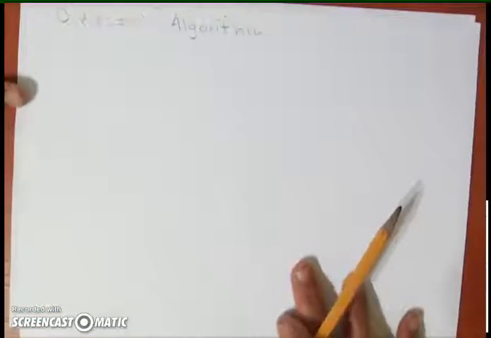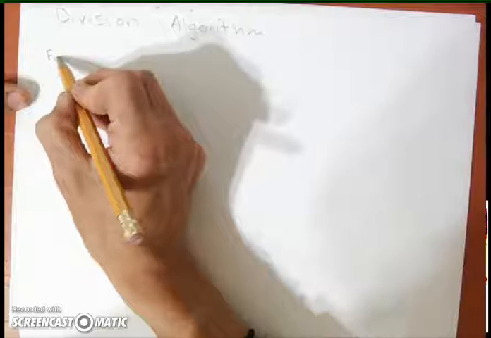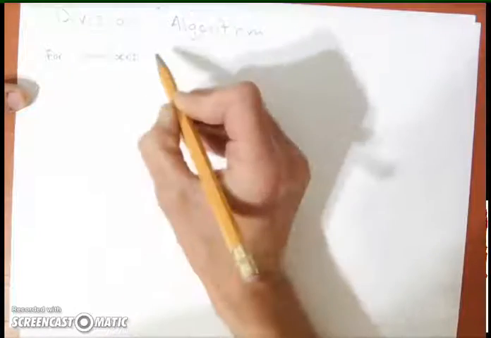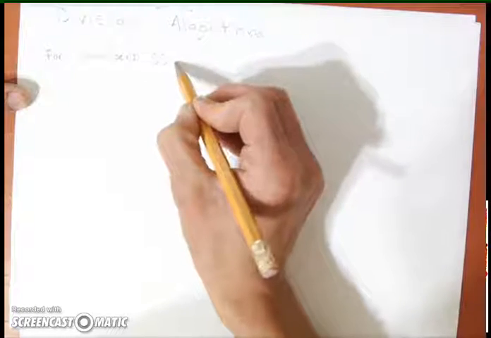So first we'll write it down for real numbers. So for numbers, the division algorithm goes like this.